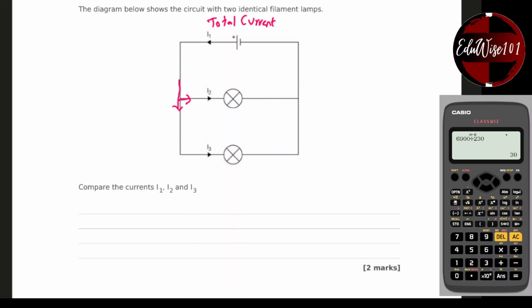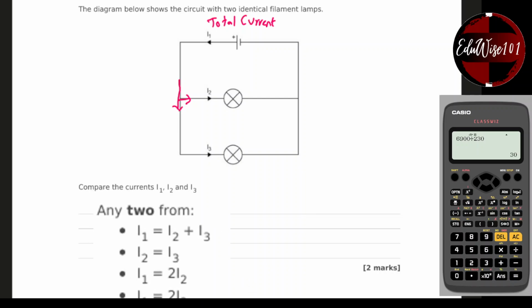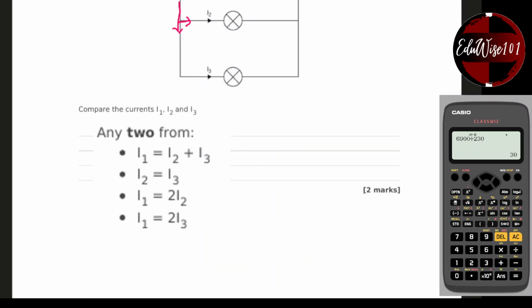You can write this answer as an equation, and you can write any of these two points to get those 2 marks. So I1 equals I2 plus I3, and I2 equals I3. The first two bullet points would get you the 2 marks for this question.